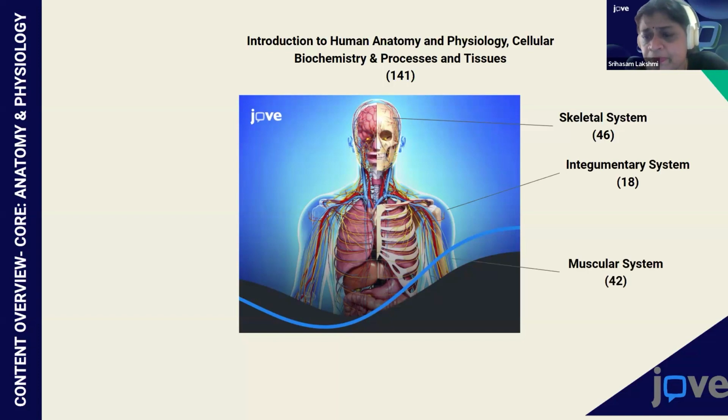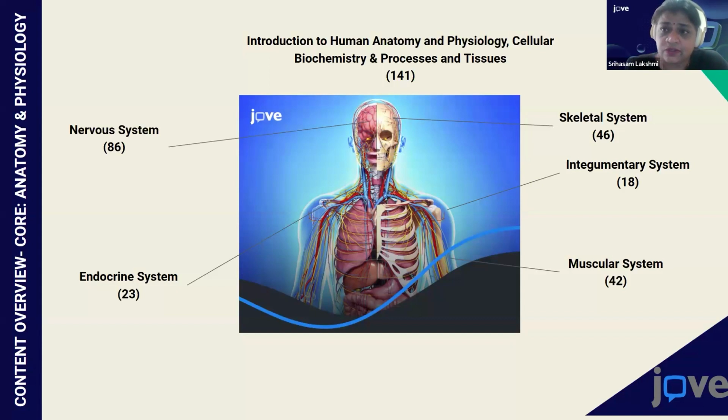Then we have the muscular system, where we have the functioning of muscles, how the muscle actually functions, the types of muscles, and also the various muscles of each organ. Then we have 23 videos on the endocrine system, where the different types of hormones and endocrine organs are discussed.